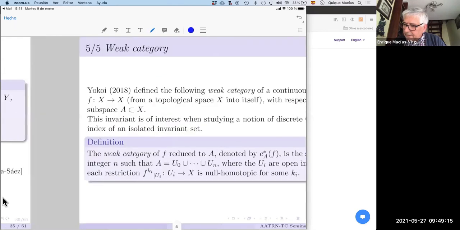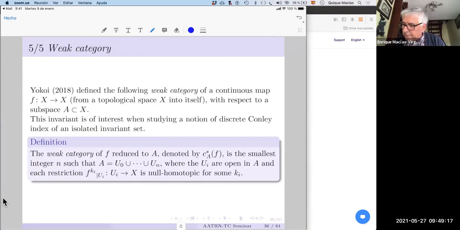And finally, there is an invariant called weak category by Yokoi, which is of interest when studying a notion of discrete Conley index. The definition is: the weak category of F restricted to A, a subspace, is the smallest integer n such that you can cover A by n+1 open sets, and the restriction of F^k is null homotopic for some k.